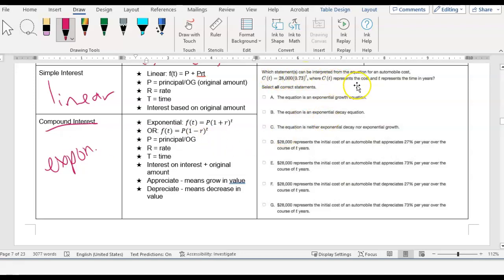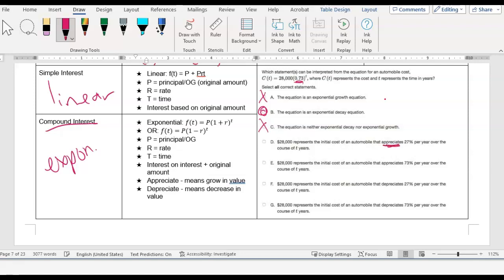Okay, so it says which statement can be interpreted from the equation of an automobile cost, 28,000 times 0.73 to the power of t, where c of t represents the cost and t represents the time in years. So the equation is an exponential growth equation. No, because we are multiplying by a number between 0 and 1. So this is decay. It's decreasing. It's depreciating. The equation is neither exponential decay nor exponential growth. No, it is decay. $28,000 represents the initial cost of an automobile that appreciates.